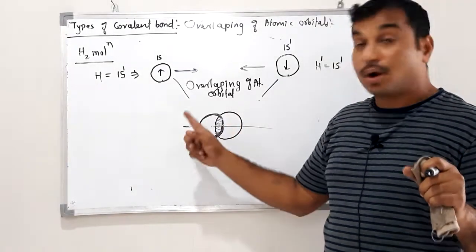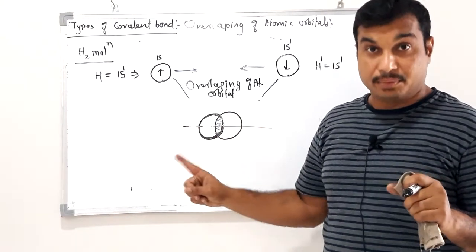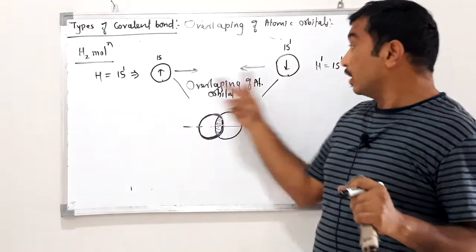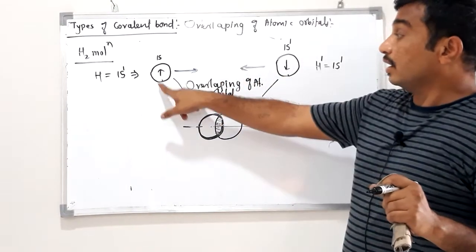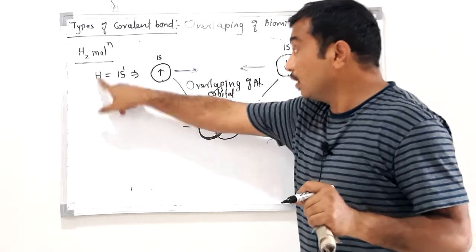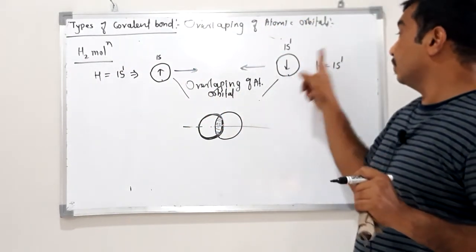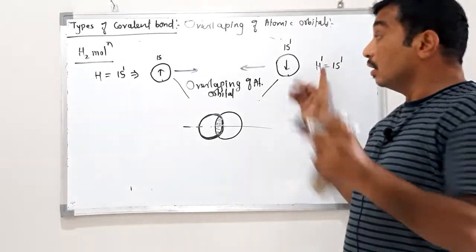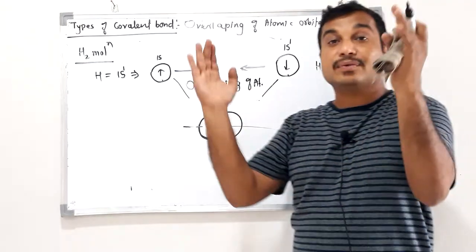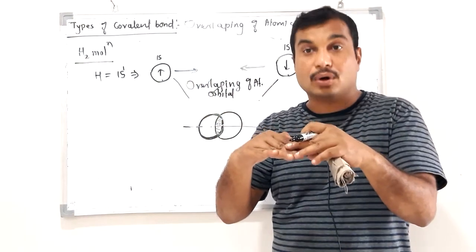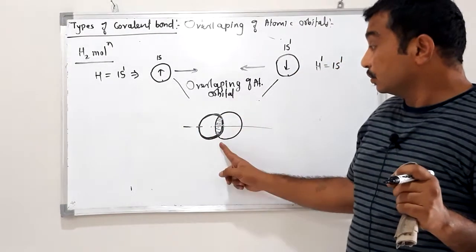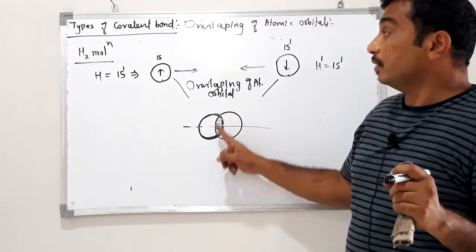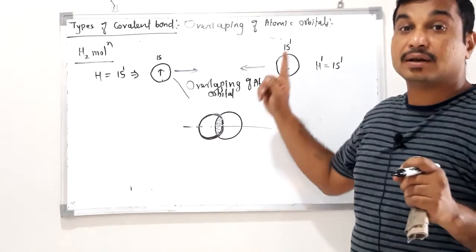Without overlapping, a covalent bond will not form, remember. The 1s atomic orbital of one hydrogen and the 1s atomic orbital of the second hydrogen atom approach each other and overlap to form a bond. This is the basic requirement for the formation of a chemical bond.